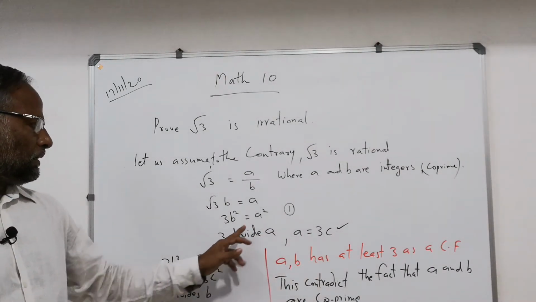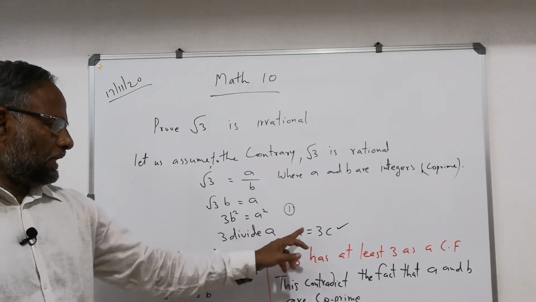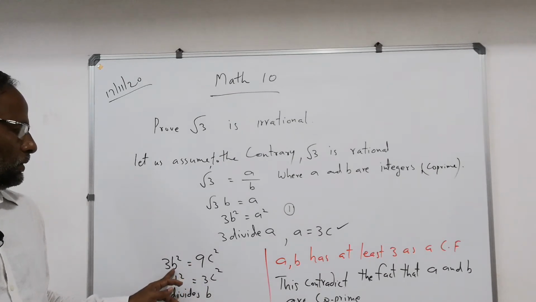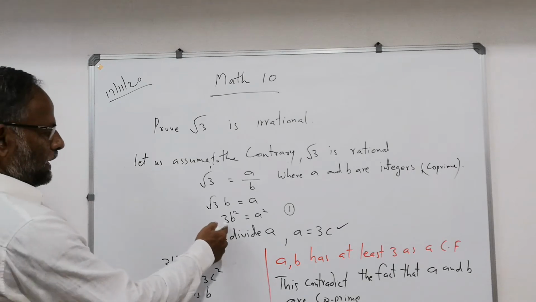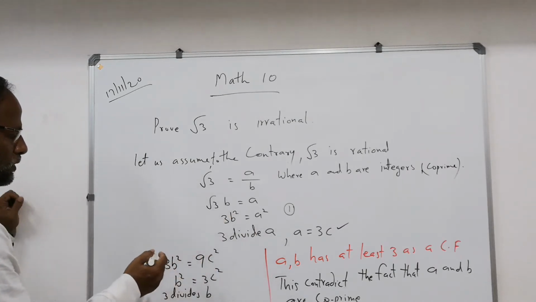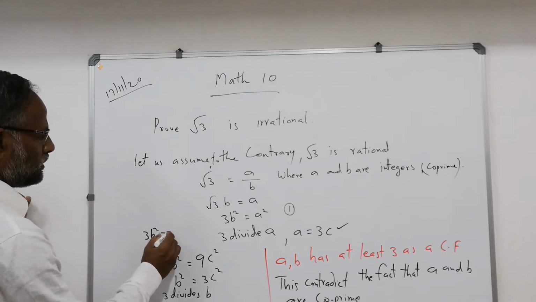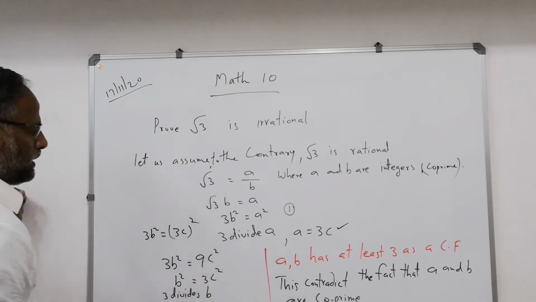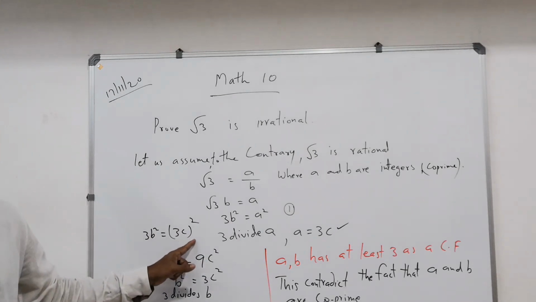Substitute A square, that means 3C whole square, is equal to 3B square. That means 3B square is equal to A square, A is 3C, so 3C whole square.